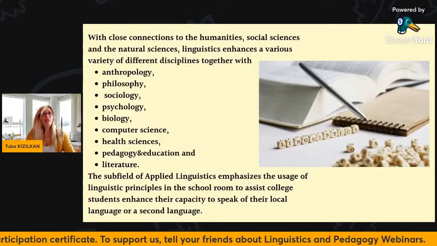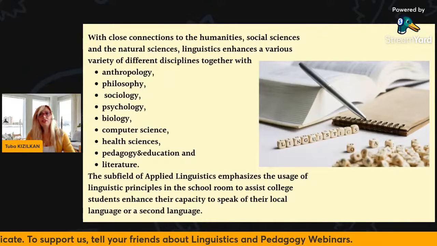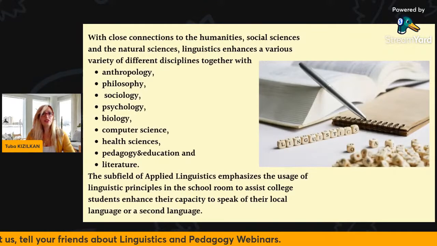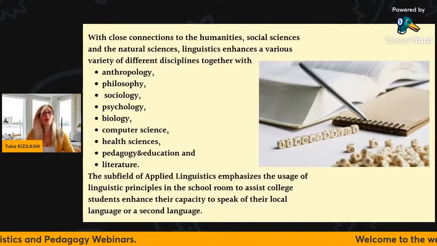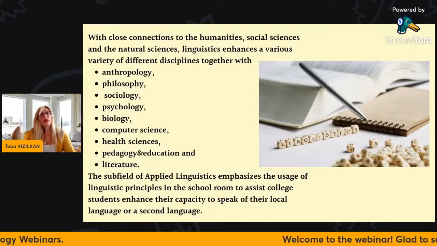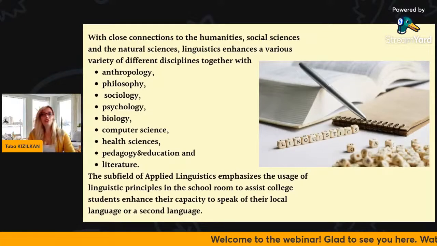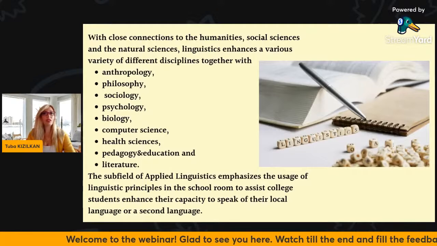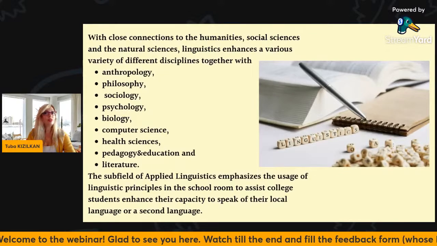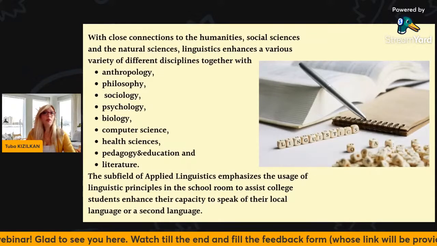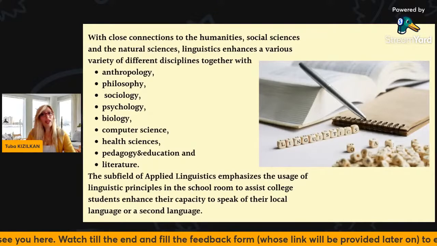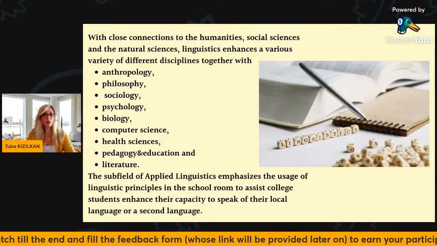So, with close connections to the humanities, social sciences, and natural sciences, linguistics enhances a variety of different disciplines together. It can be related to anthropology, philosophy, sociology, psychology, biology, computer science, health sciences, pedagogy, education, and literature, of course.